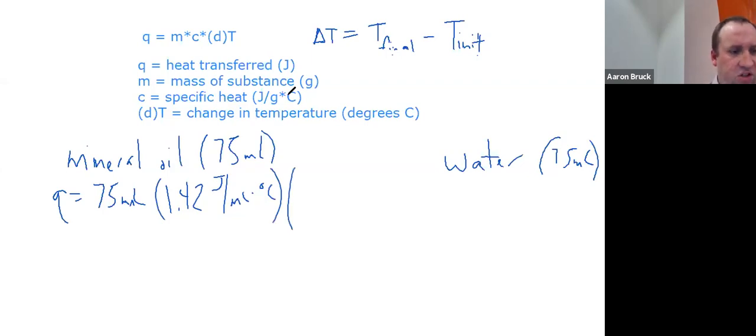And then the temperature change. For our mineral oil, our initial temperature was 78.2 degrees Celsius. And our final temperature for the mineral oil was 44.0 degrees Celsius.